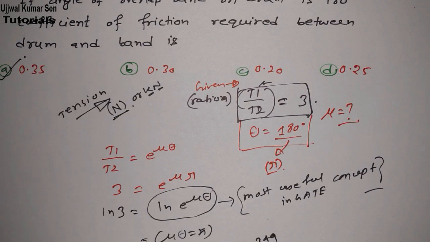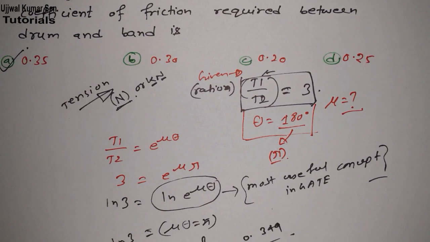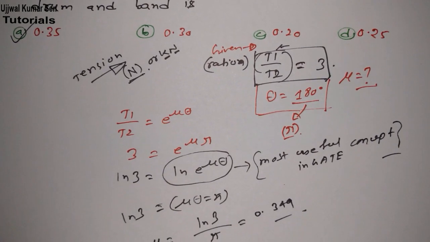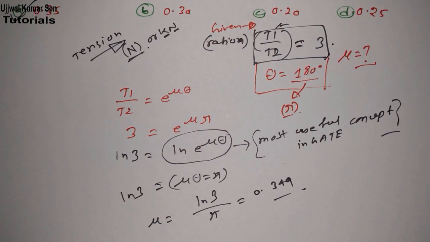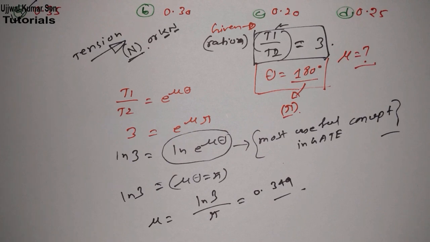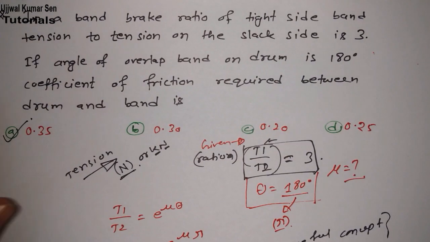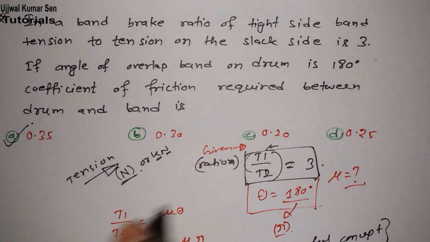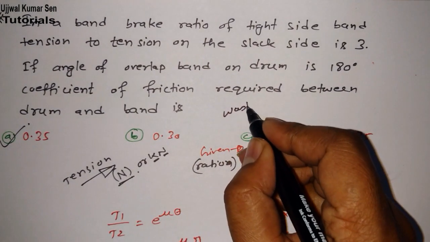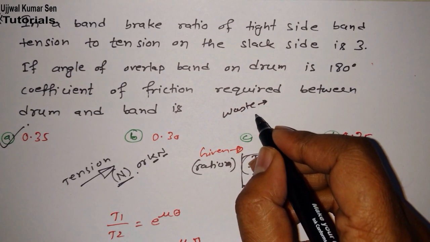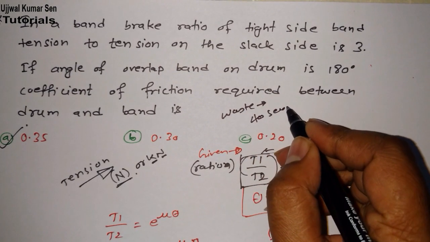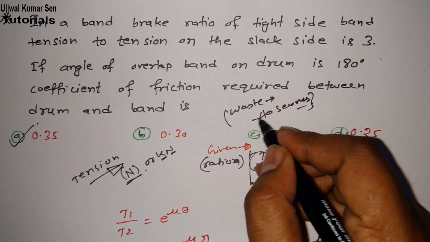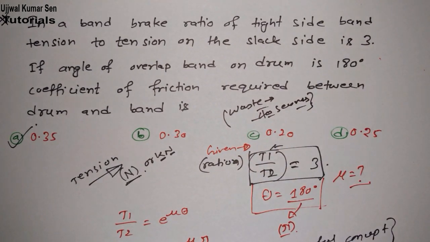But the thing is what I have shared with you already, that at the end of the video tutorial I will share with you what to do if you have practiced 2-3 questions on any topic. Then just don't read the full question. If you read the full question, then probably you are going to waste at least 40 seconds on average on each question, and in GATE there are 65 questions.